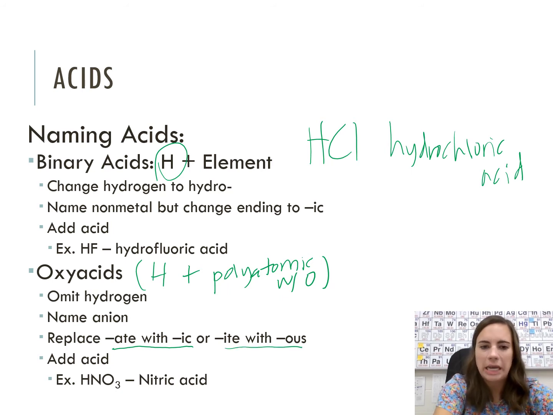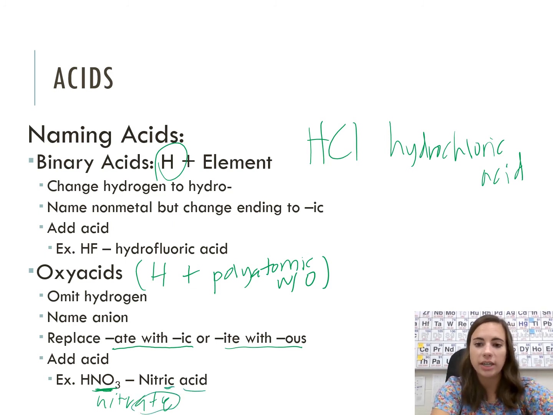I like to remember this like I ate it, ate ic, and I have the itis, ite ous. And then you end with acid. So here, because it's hydrogen with a polyatomic rather than with a single element, we are not going to use hydro, but we're going to begin the name with nitrate, and change that ate to ic acid, so nitric acid.